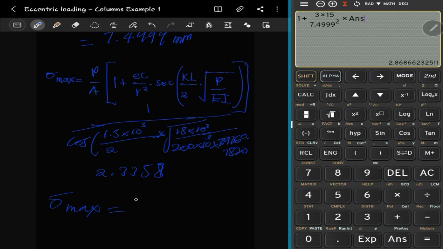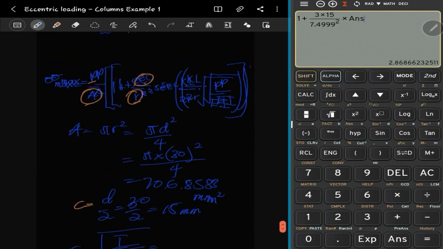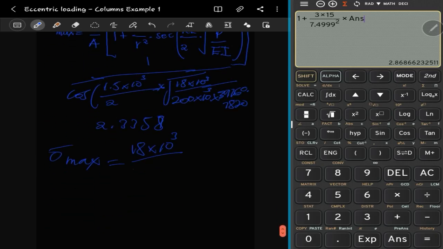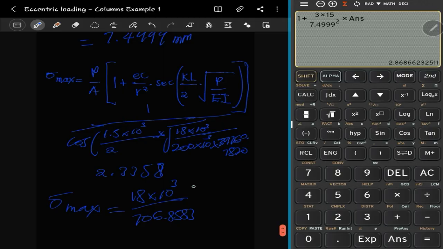So here we get our 18 times 10 to the power 3 on the area, which is 706.8583, in bracket 1.